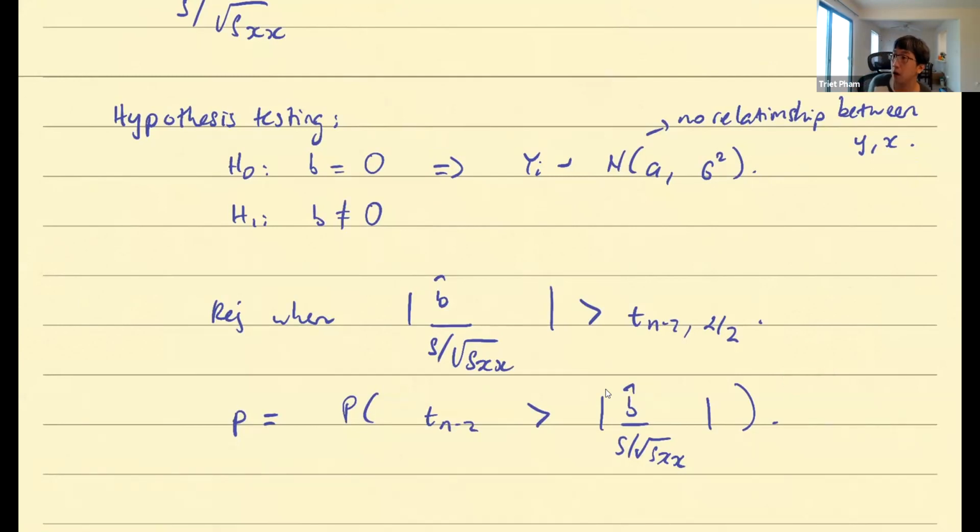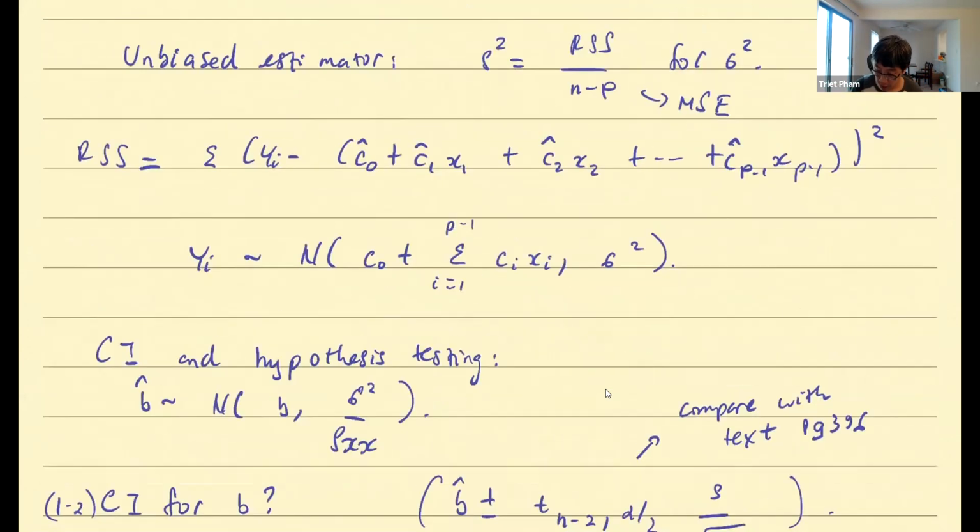And from here on, the sky's the limit. Your models can get more and more complicated. You can add more and more variables. You can do your regression in a more complex way. You can penalize regression, etc.